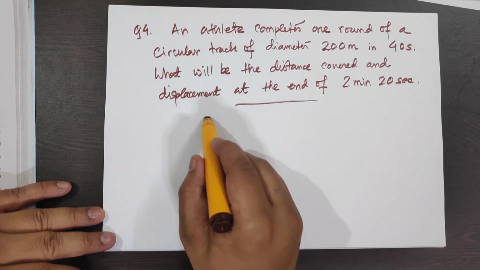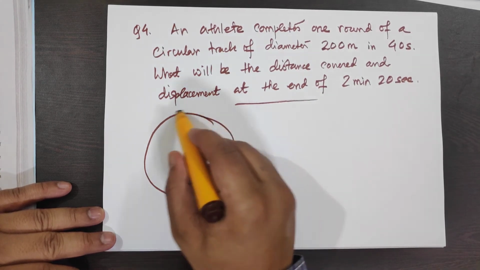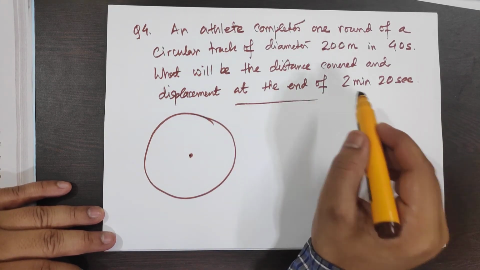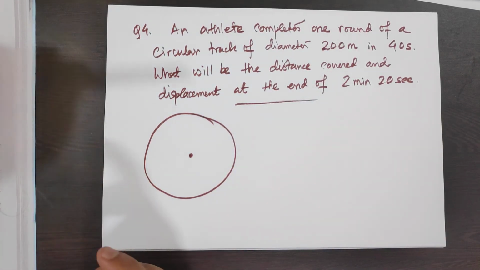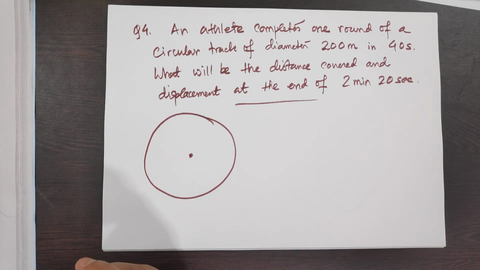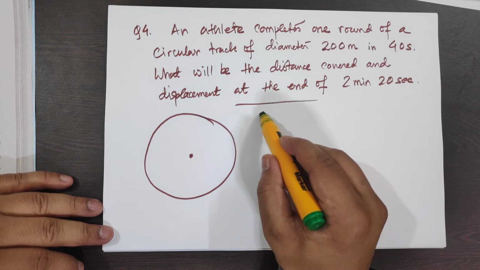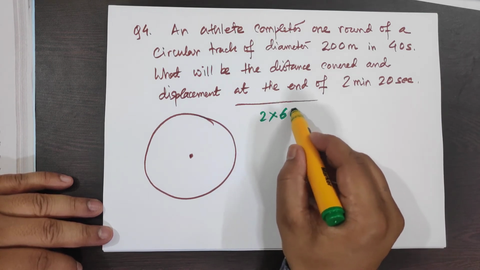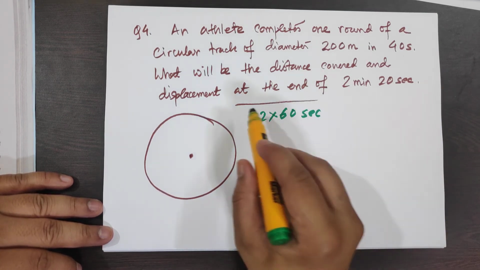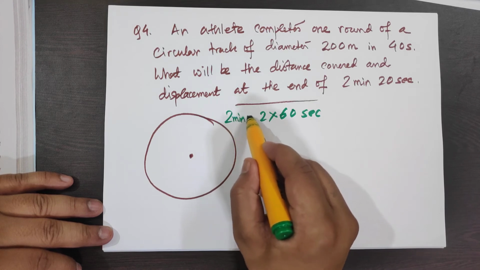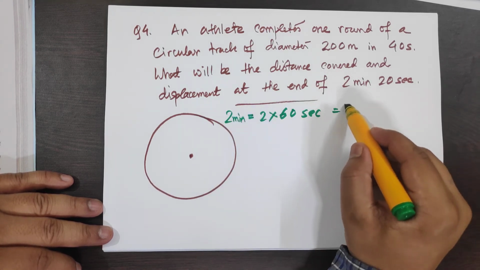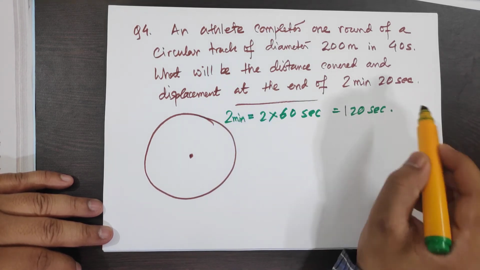So here the athlete goes in the circular path. Let's calculate: 2 minute 20 second means 2 minutes is 2 into 60 seconds, so 2 minutes is equivalent to 120 seconds.